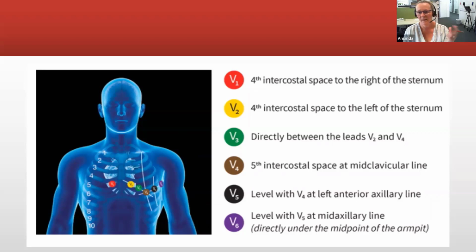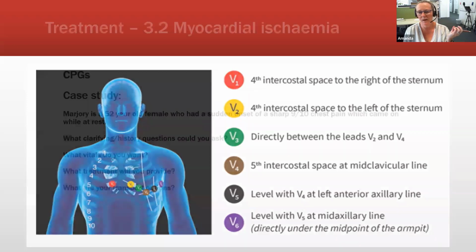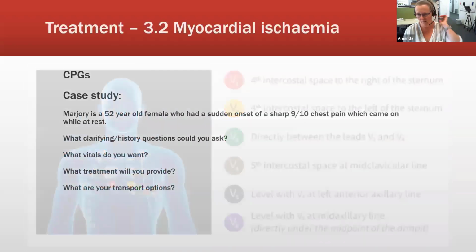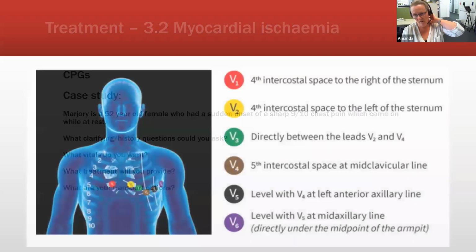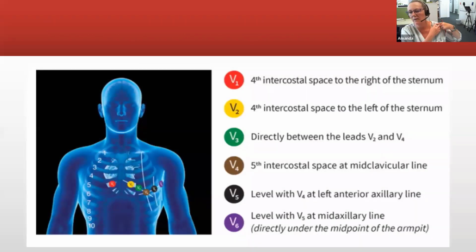That's okay. V5, at the level of V4, left anterior axillary line, and then V6, same line, directly under the midpoint of the armpit.